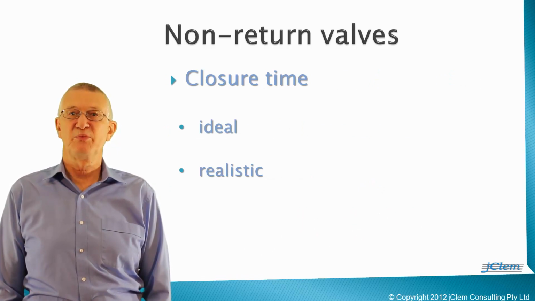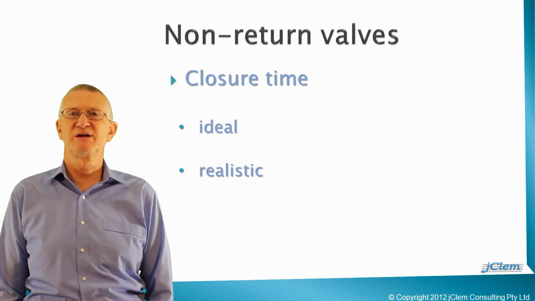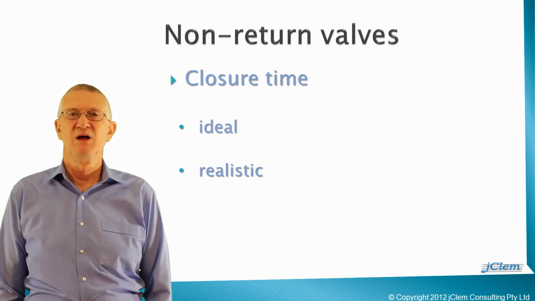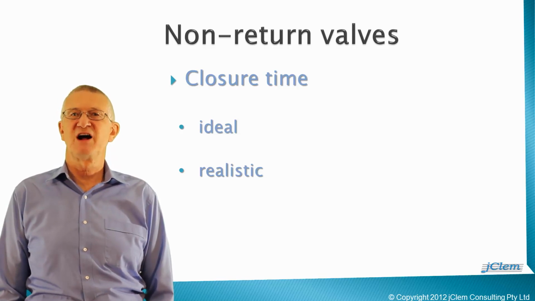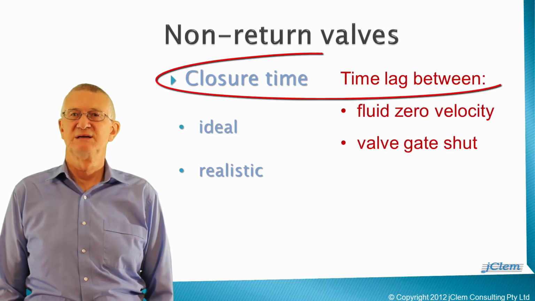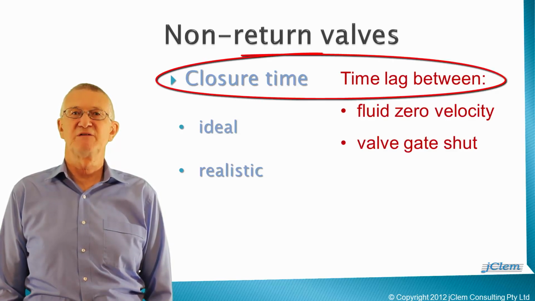When is it appropriate to evaluate the consequences of a non-return valve's closure time, and when is it not necessary? All non-return valves take a finite time to close. The time delay between the fluid reaching zero velocity and the non-return valve's gate closing, I'm calling the valve's closure time.